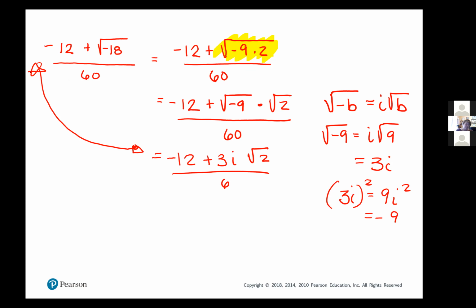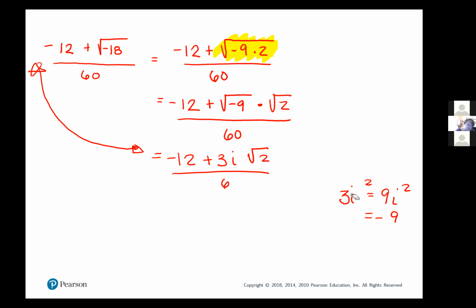So you have a property that says that if I have a plus b over c, that's the same as a over c plus b over c.